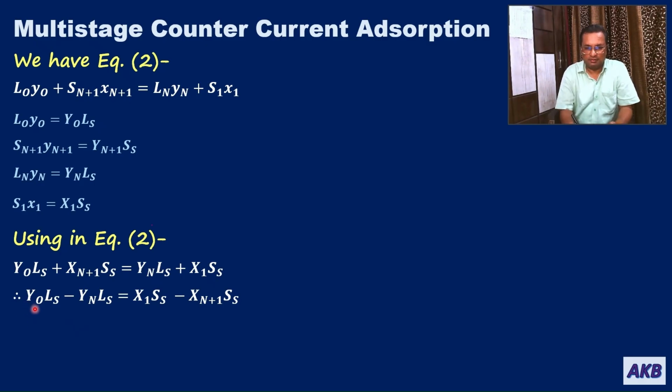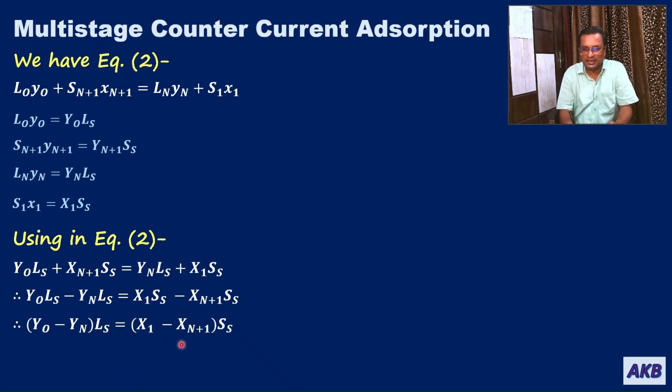It will be capital Y0 into Ls minus capital Yn into Ls, that is equal to capital X1 into Ss minus capital Xn plus 1 into Ss. And then you can take Ls common, so it will be capital Y0 minus capital Yn into Ls, that is equal to capital X1 minus capital Xn plus 1 into Ss.